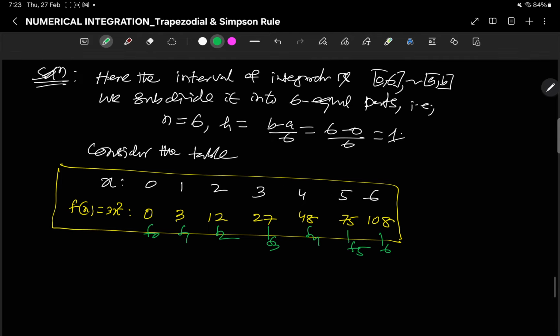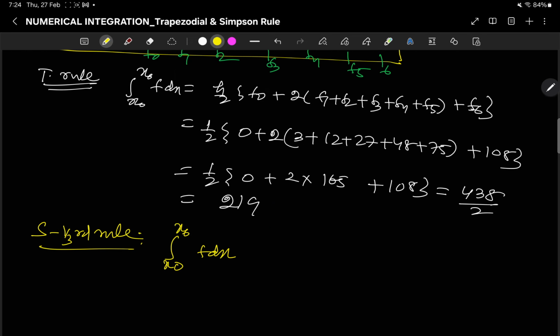Now come to the formula. It will be h by 3 [F0 plus 2 into (F2 plus F4) plus 4 into (F1 plus F3 plus F5) plus F6], isn't it?